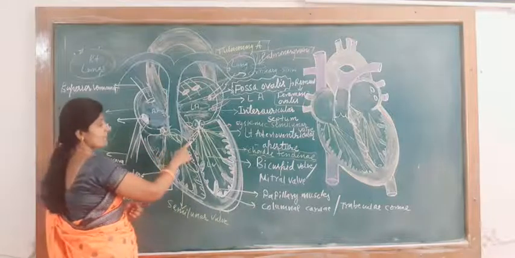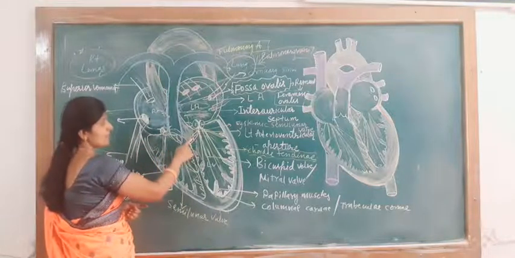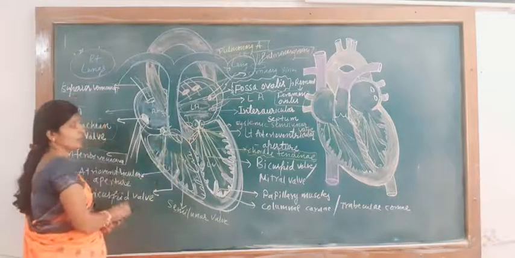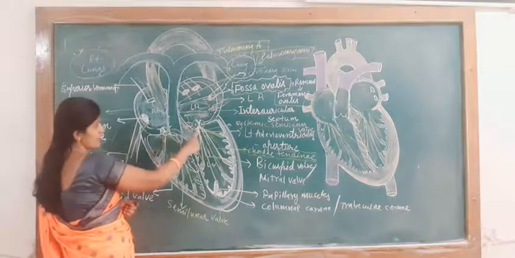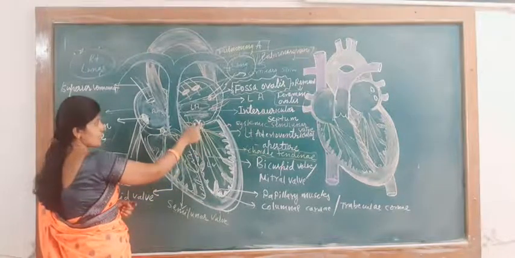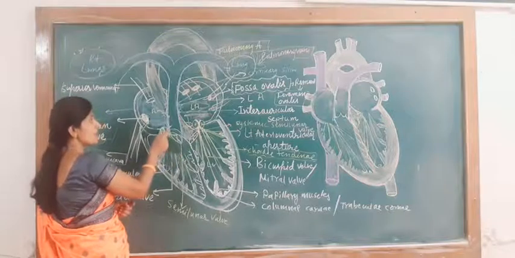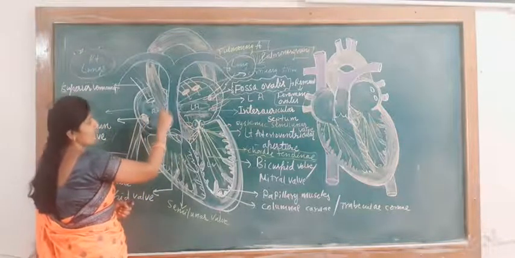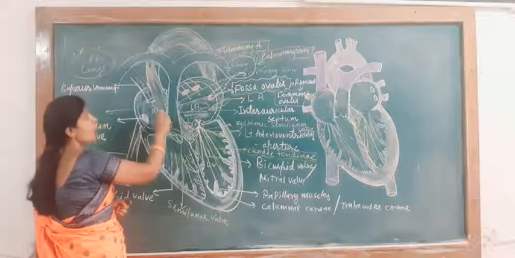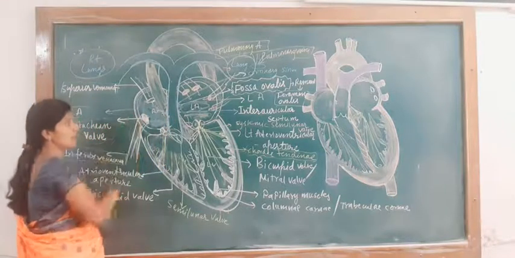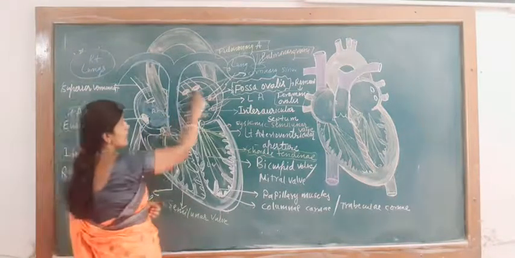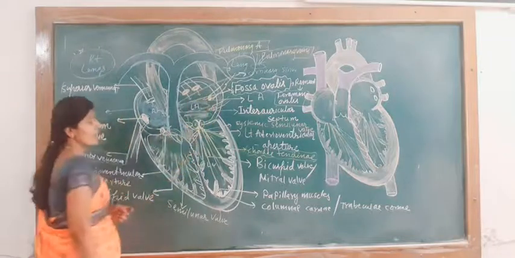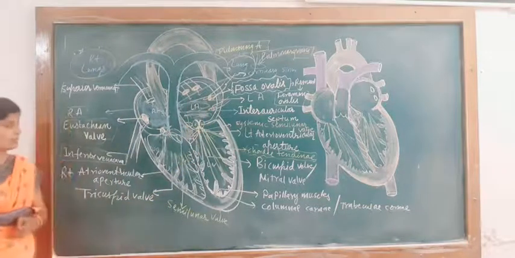The systemic aorta has the systemic semilunar valve. This pipe is guarded by a valve, this aperture is guarded by a valve, the inferior vena cava is guarded by a valve, and the coronary sinus is guarded by a valve. Only the superior vena cava and the pulmonary veins do not have any valves.